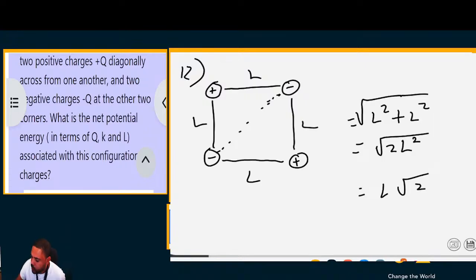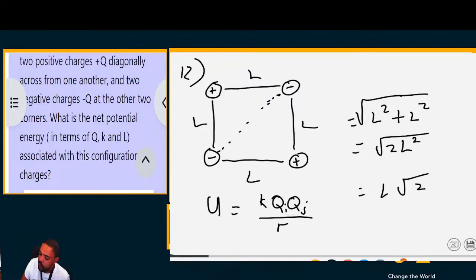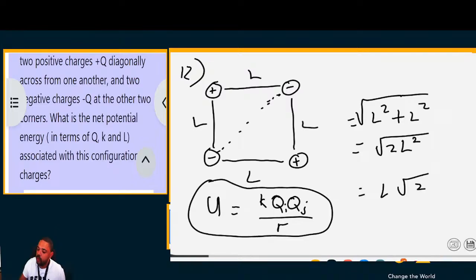Electric potential energy, which we denote by U, is equal to Coulomb's constant times the two charges, Qi Qj, over the distance between the two charges. Coulomb's constant multiplied by the product of the two charges divided by R.